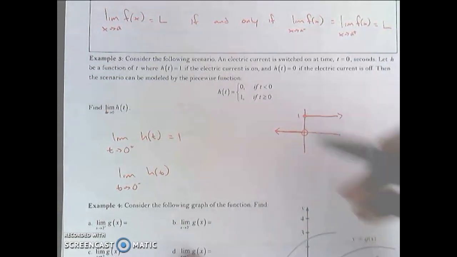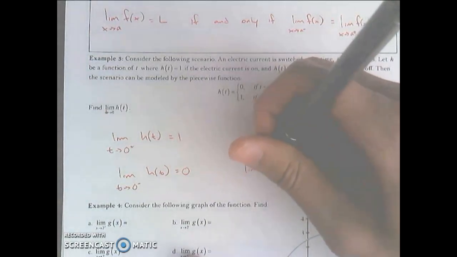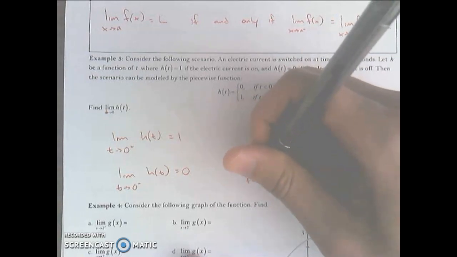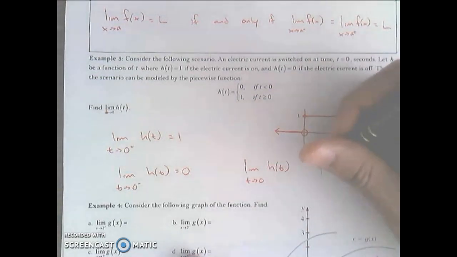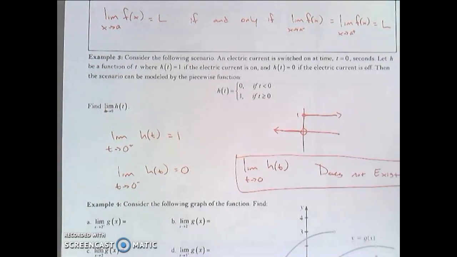Our function approaches 0. So in this case, the limit of h of t as t approaches 0 from either side does not exist, because the left-hand and right-hand limits do not agree.